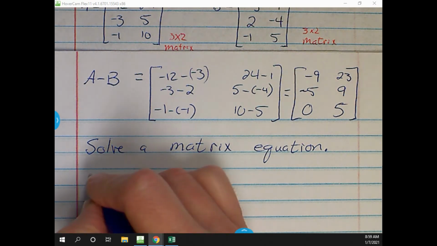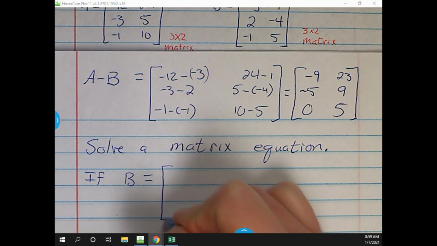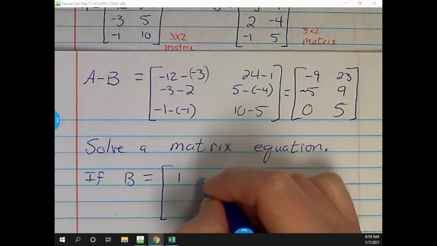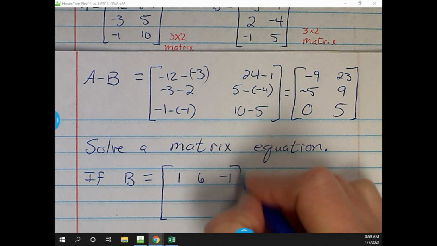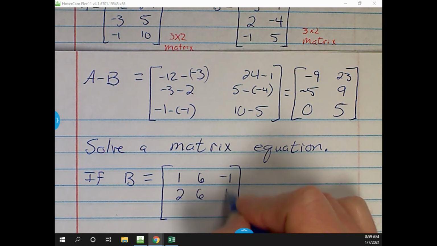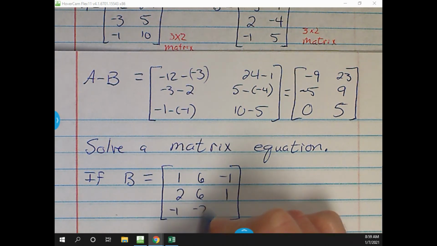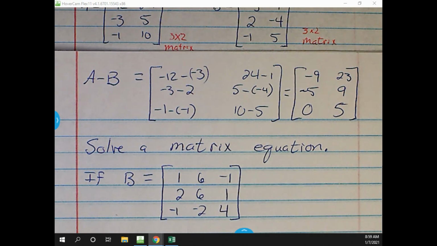And they'll do something like this. They'll tell you that, let's say that B is equal to 1, 6, -1, (2, 6, 1) and -1, -2, 4.